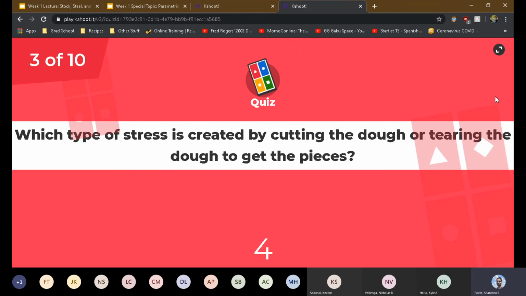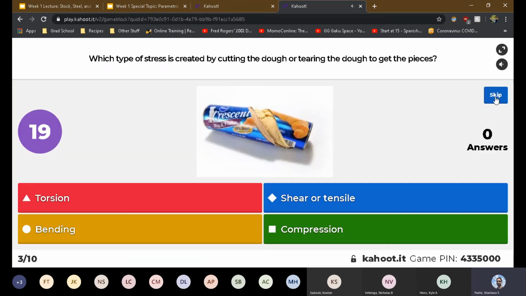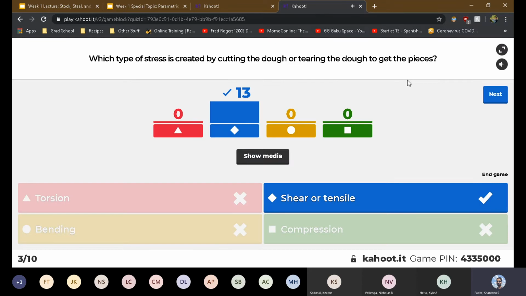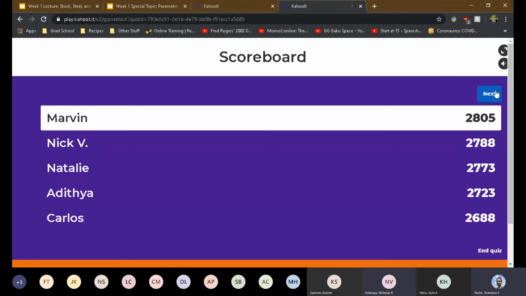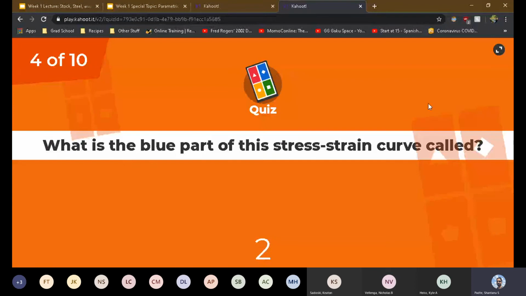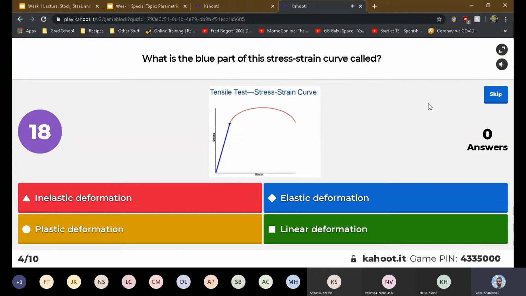What type of stress is created by cutting the dough or tearing it to make it into pieces? Oh, nice. Everyone knew that. Pretty good, guys. That is shear stress or tensile stress. Okay, what is the blue part of this stress strain curve called?